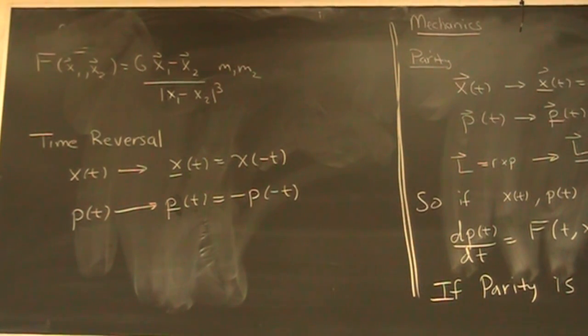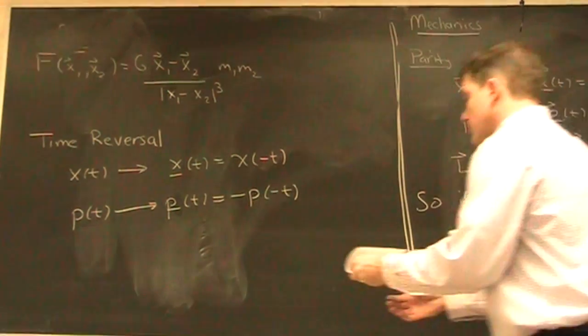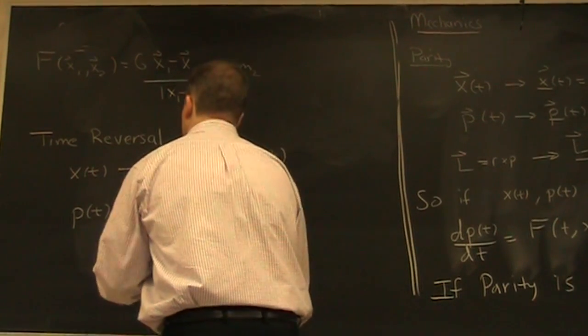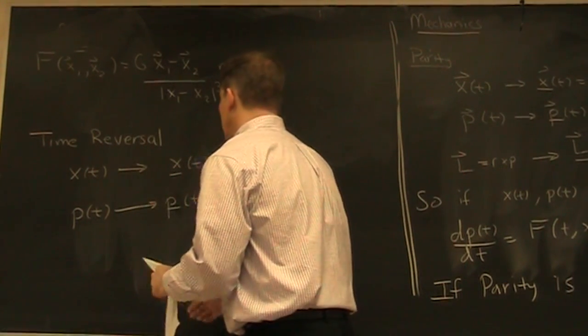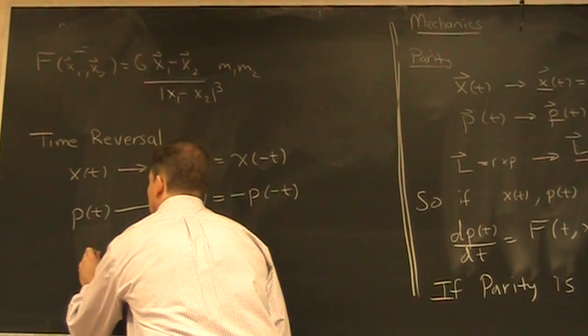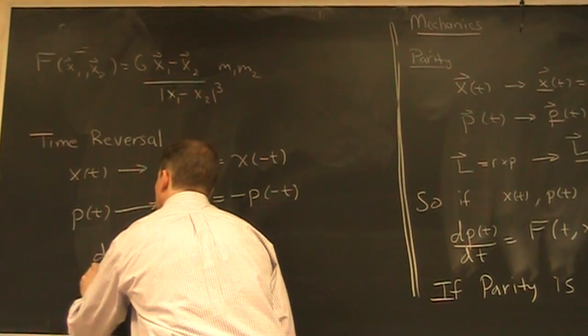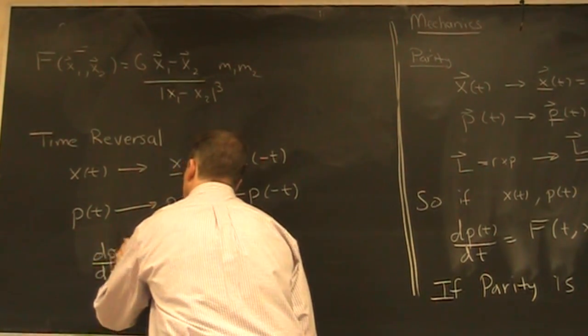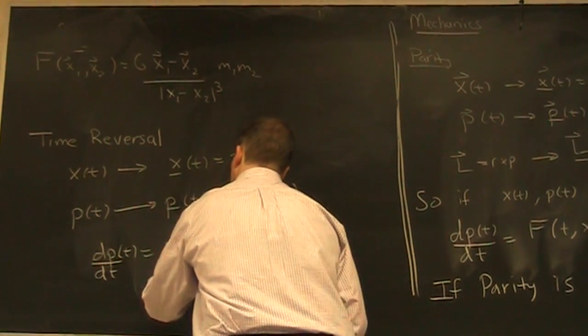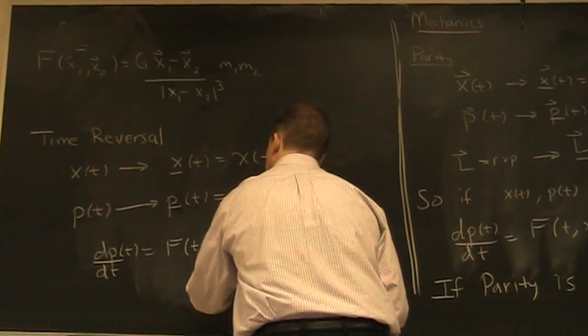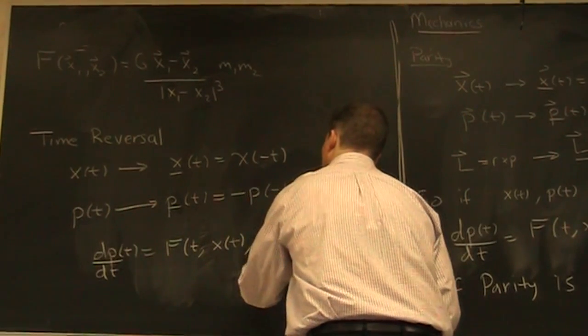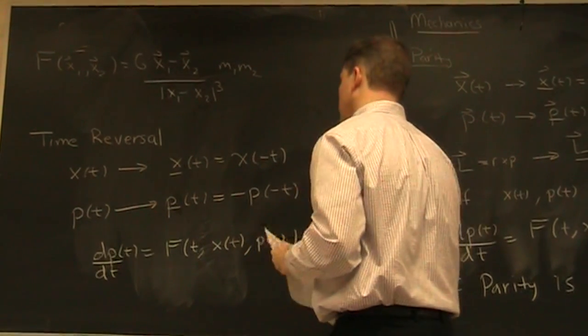So again, we do the same thing. First of all, x of t and p of t are solutions, so dp/dt is equal to f of x of t and p of t. That's given.